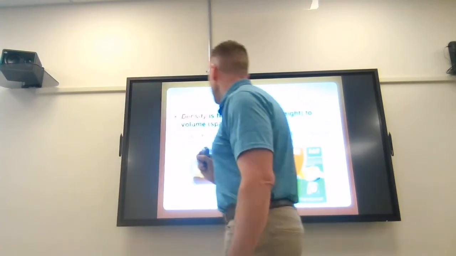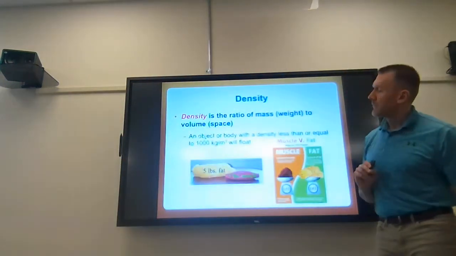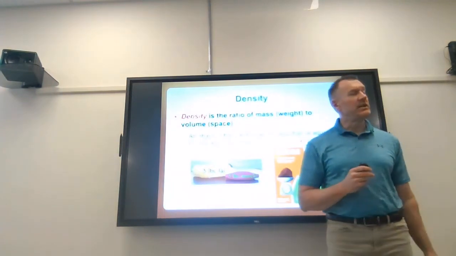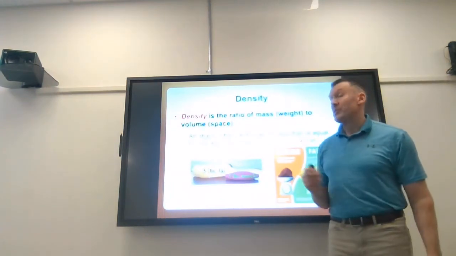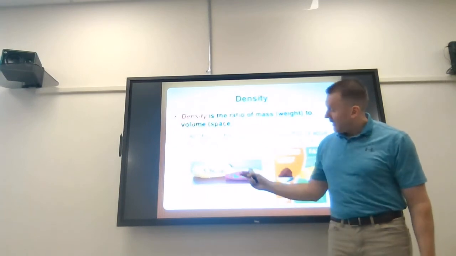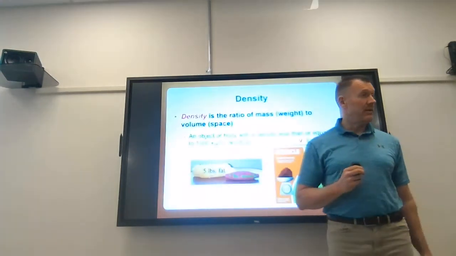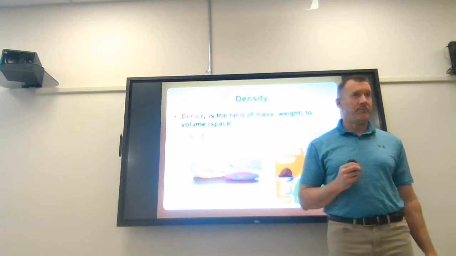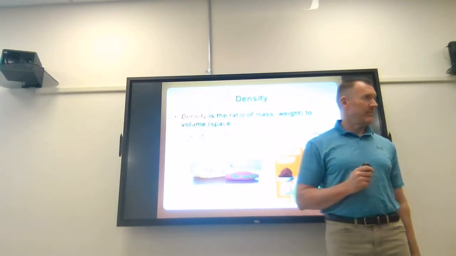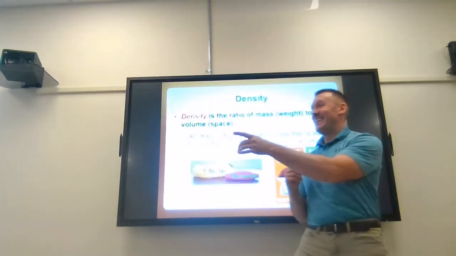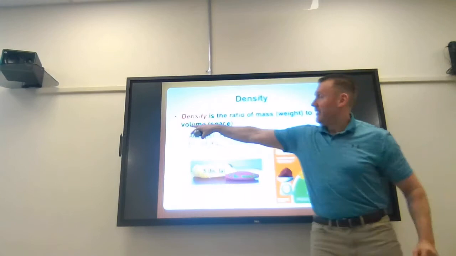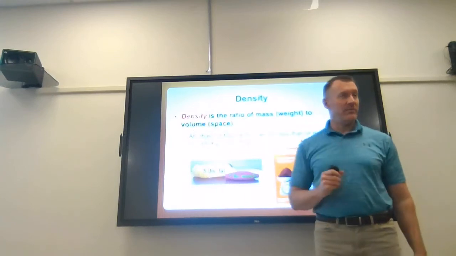So is it possible that you can have two people that weigh exactly the same but have different volumes? Yeah. So that brings us into this discussion. In this picture, we have a representation of 5 pounds of fat and 5 pounds of muscle. So exactly the same weight, but what's different? The density is different because of what? Volume.